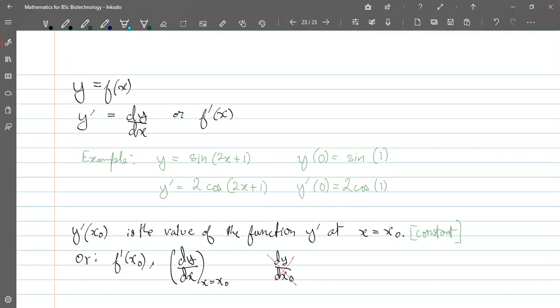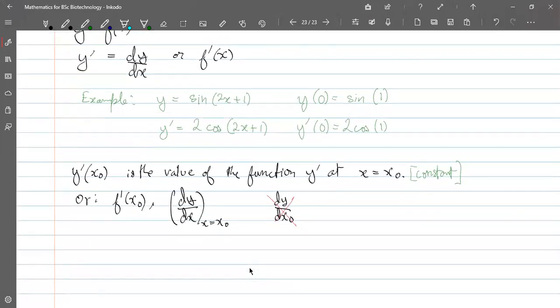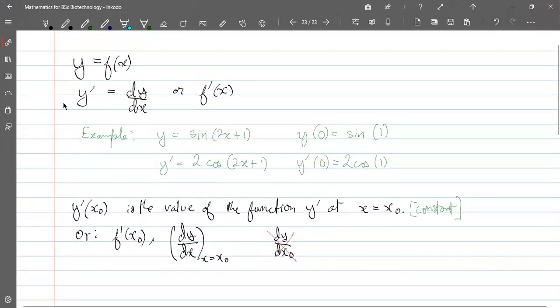So this dy by dx naught is not the correct notation at all. This is dy by dx at x equal to x naught. Okay, so I'm just explaining the notation. There's no new concept as such. It's just a notation along with the recognition that y dash is also a function, just as y is a function.